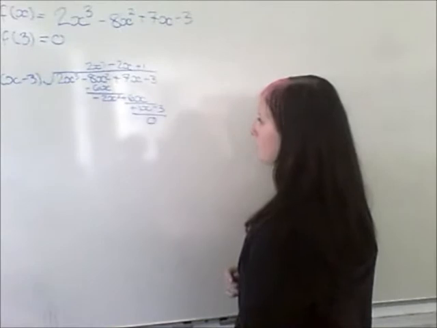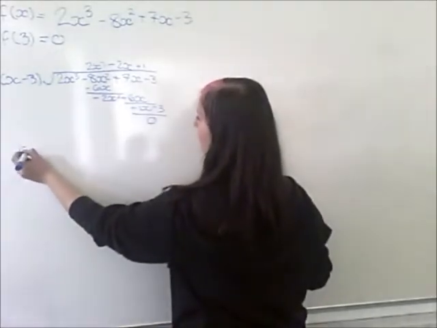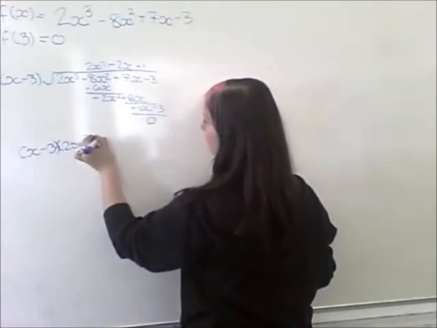Dividing 2x cubed minus 8x squared plus 7x minus 3 by x minus 3 gives 2x squared minus 2x plus 1.